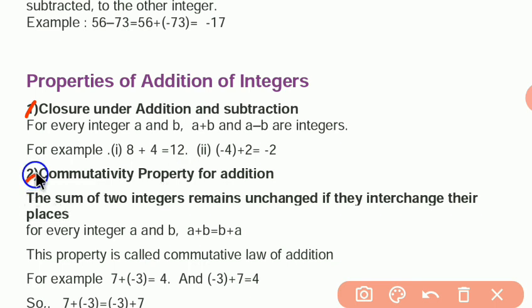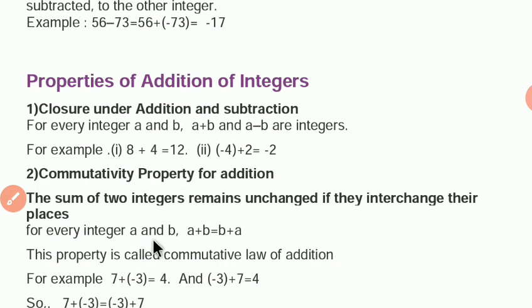Now let's move to the second property, commutative property of addition. It states that the sum of two integers remains unchanged if they interchange their places. For every integer a and b, a plus b is equal to b plus a.